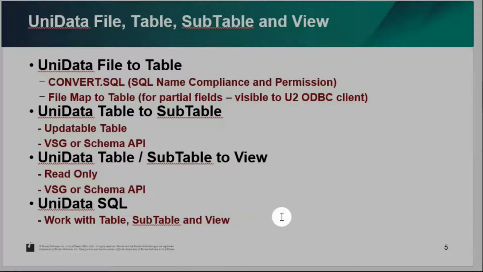A subtable is an updatable table. So you can use VSG schema or the schema API to create it, or you can create a view based on the table or based on the subtable. Then after you create it, the simplest way is to go to UniData and type at the SQL prompt to test any kind of SQL statement.